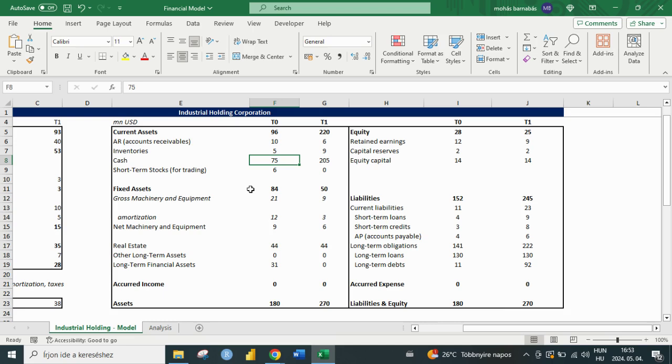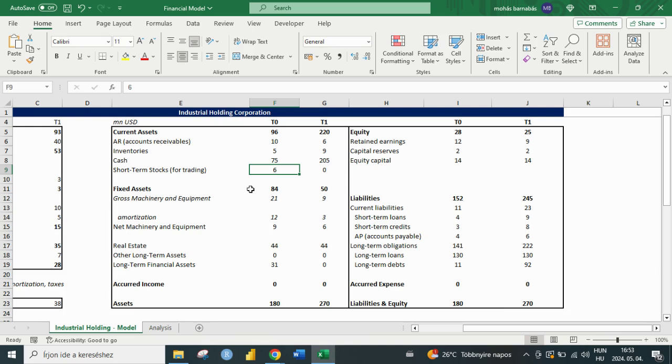Short-term stocks for trading mean that a company invested into some stocks, and probably they are not holding them for investment purposes, which means that they are not holding them for more than a year. And these cases have to be evaluated as a short-term asset.